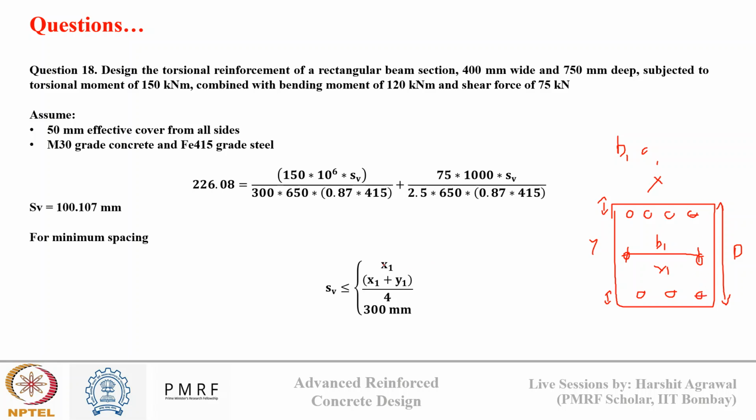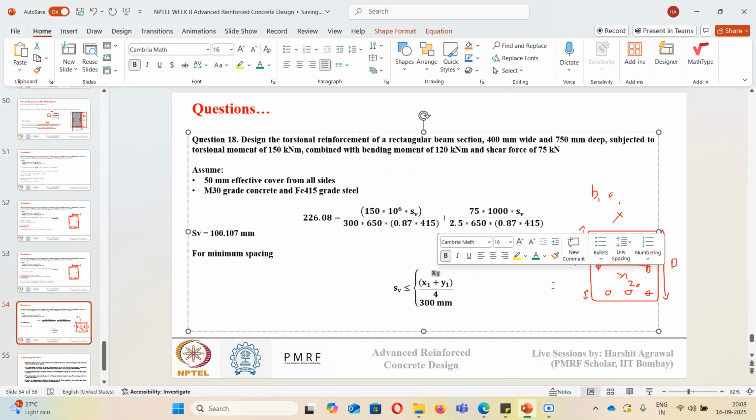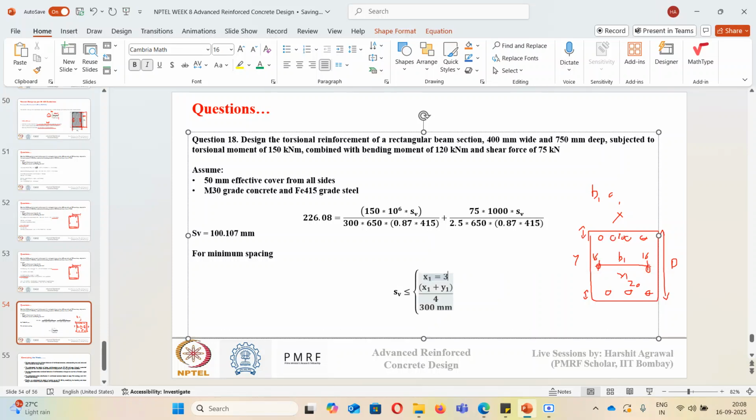Suppose I am using 16 mm rebars on the sides and 20 mm rebars on top and bottom. So what will be my x1? x1 will be 300, B1, plus 8 plus 8. Half of the diameter on both sides I need to add. So it will come out to be 316 mm.